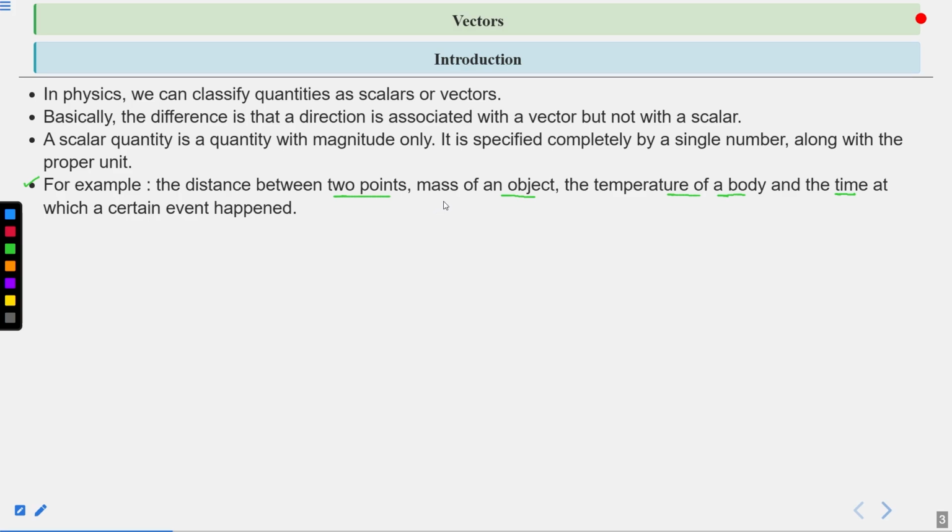What is speed? The rate of change in position with time of any object. But if we include a direction like east direction or west direction, then it becomes a vector, or we can say it is velocity. It has both magnitude and direction.